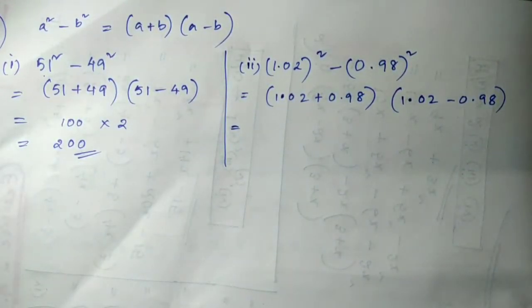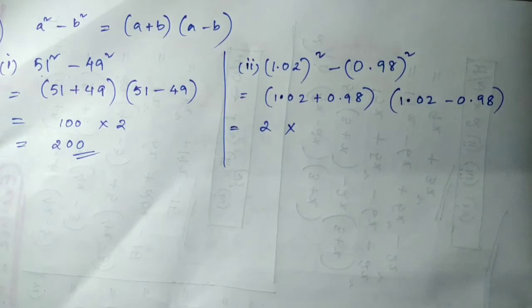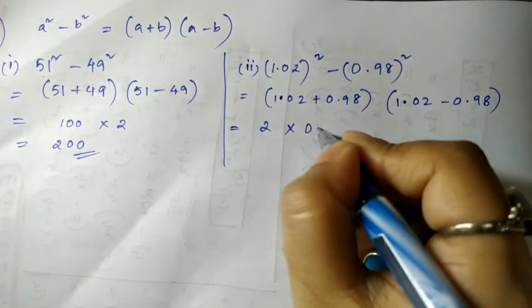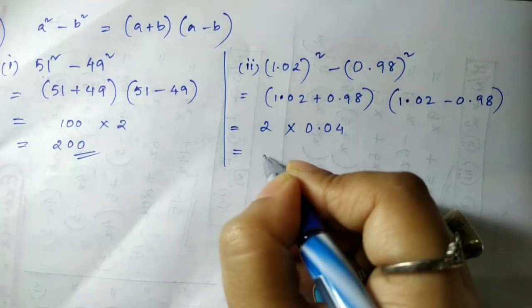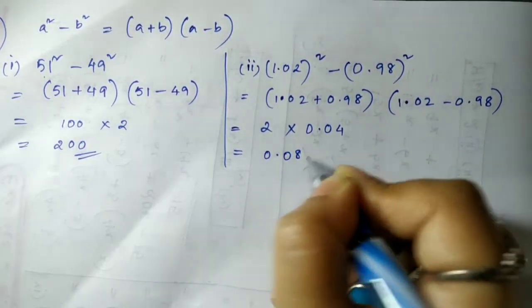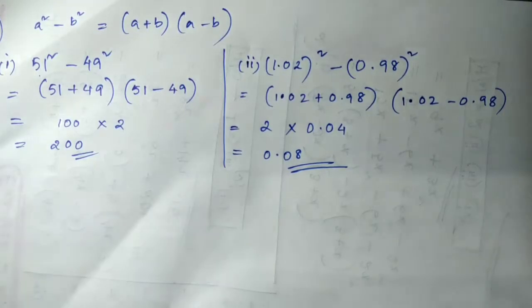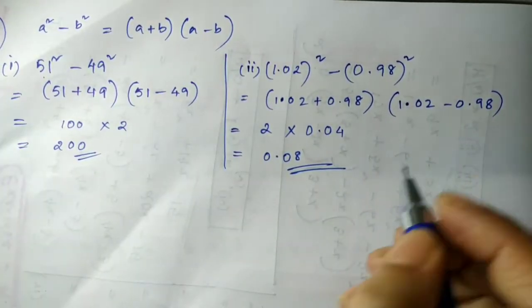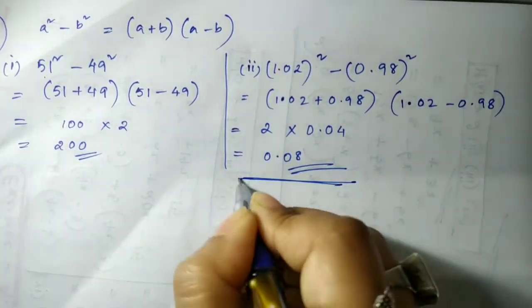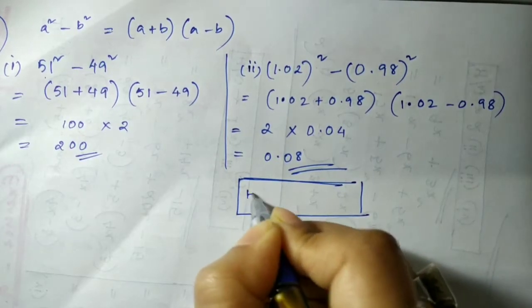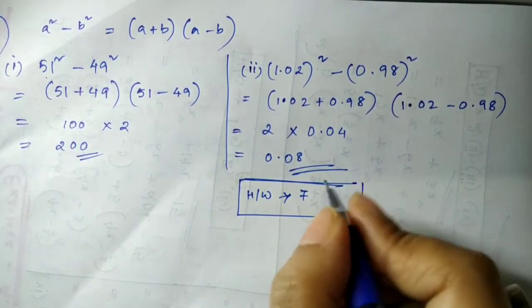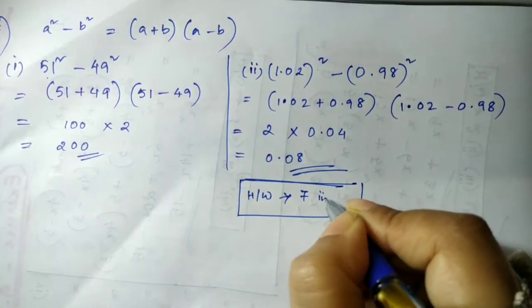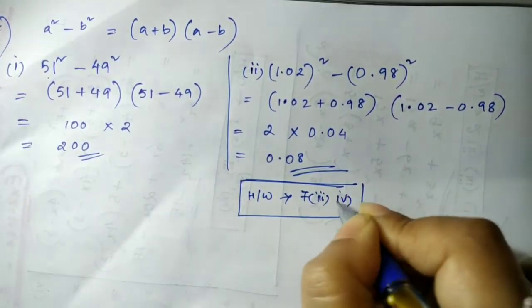Let's calculate it. This and this will be 0.04. If I multiply it, it will be 0.08, and this is my answer. So you can try the rest as your homework. This rest 2 sums homework will be question number 7, question number 3 and 4. Just try.